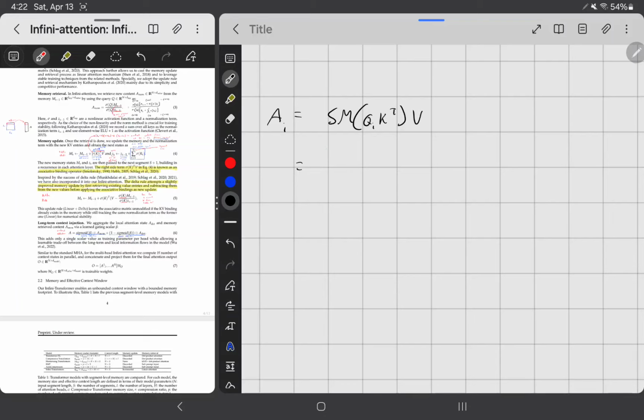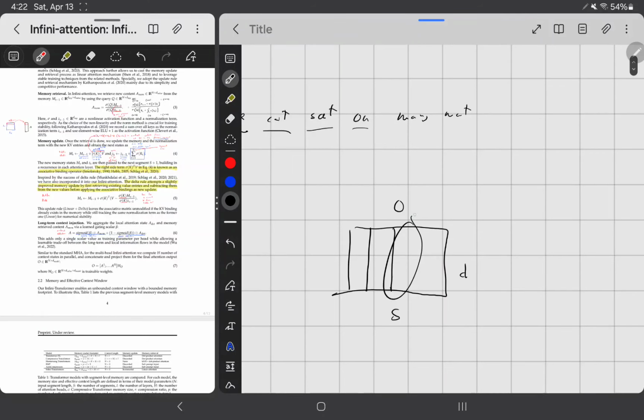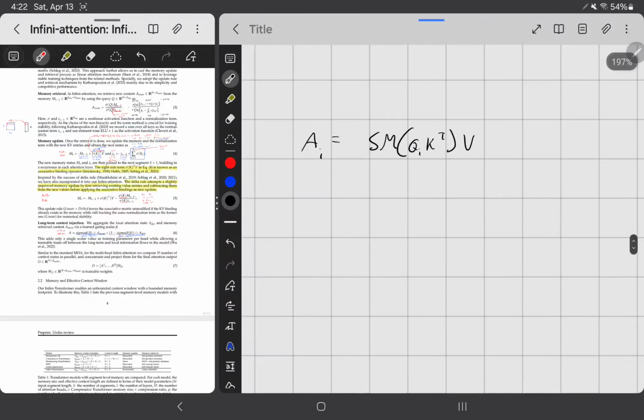You can rewrite this as basically just the softmax formula. And i is just a specific token, just one of the outputs, the i-th output.